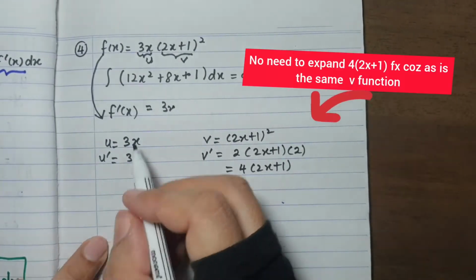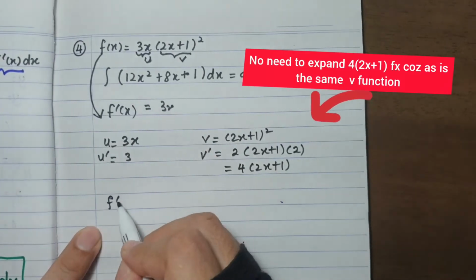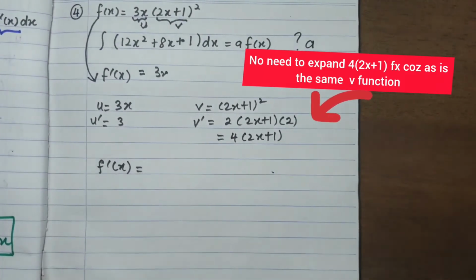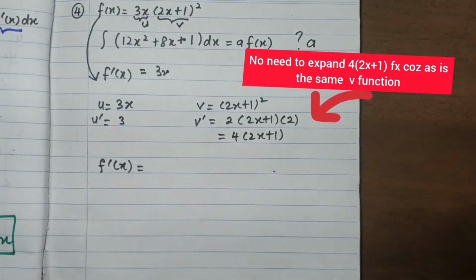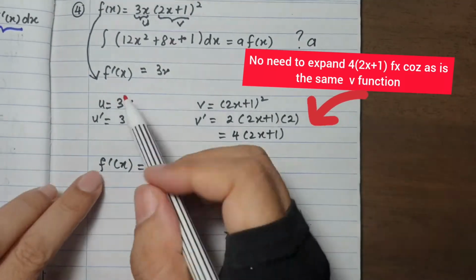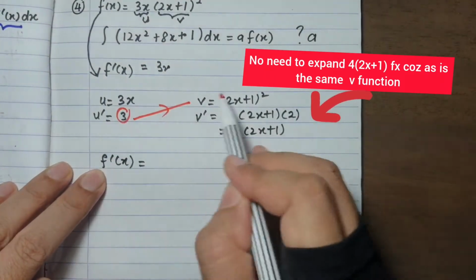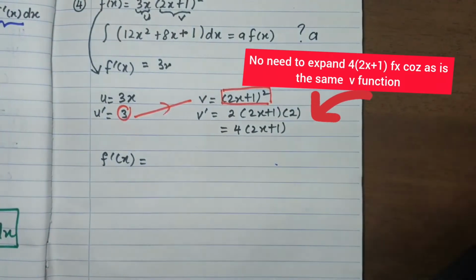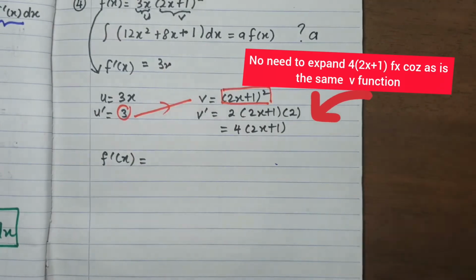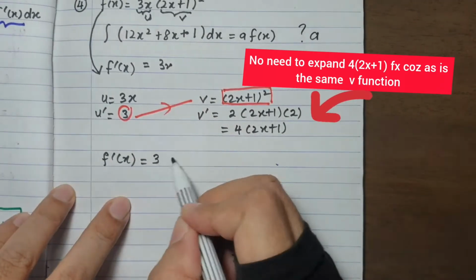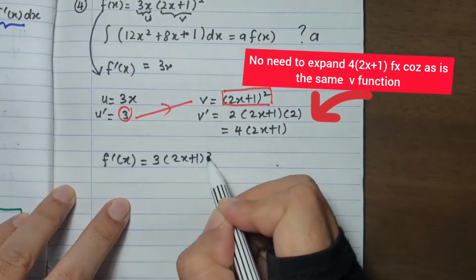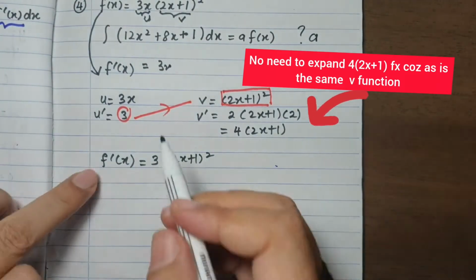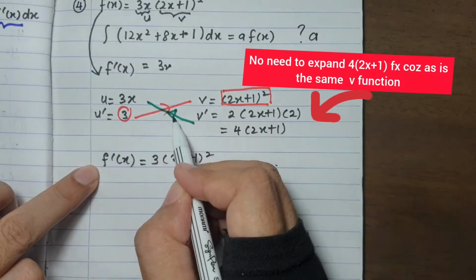Okay, now let's use the product rule formula. Okay, f prime x is, copy this side first, 3 and this function. So we'll have this, and then next, copy this and this function.